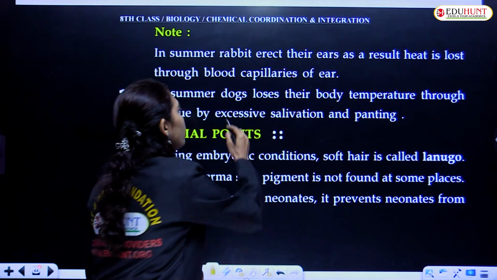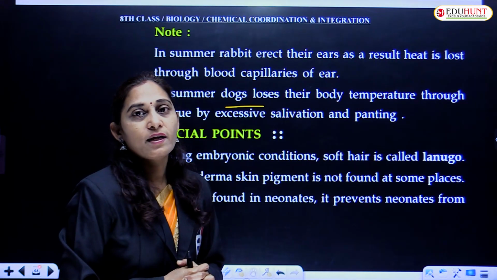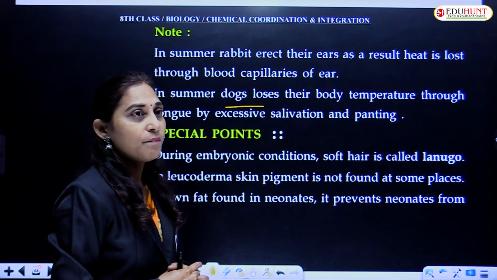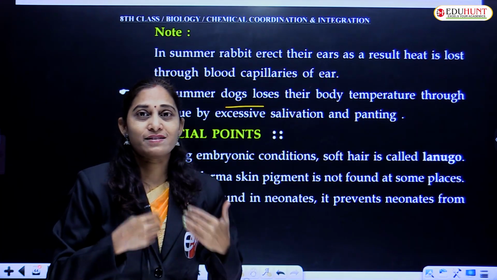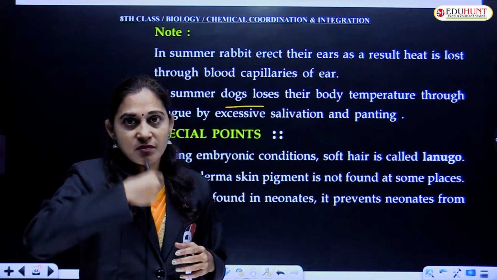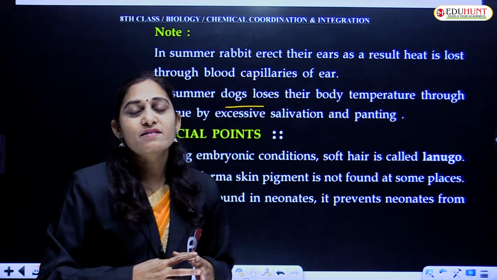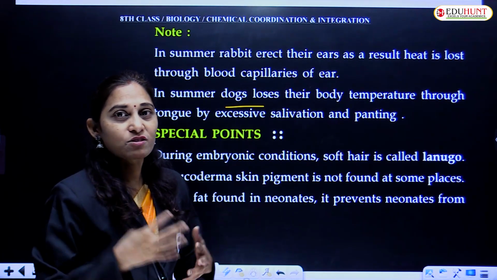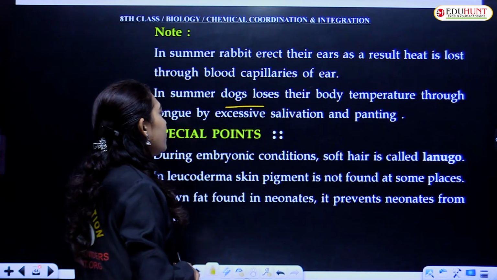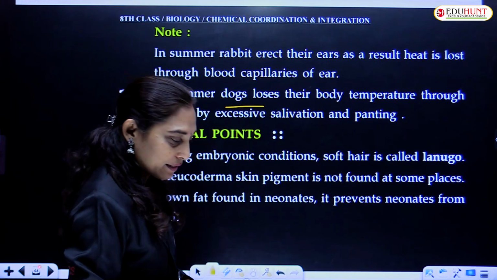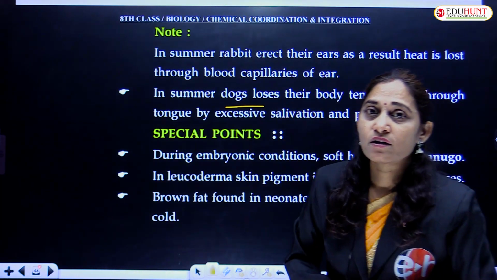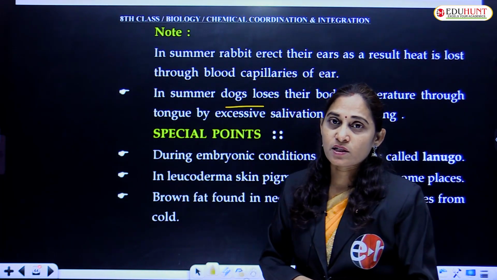In summer, even dogs control their body temperature by excess salivation, that is releasing saliva, and even panting. They keep licking their body, that is a kind of maintaining their body temperature. These are the various functions of the integumentary system, especially the skin.